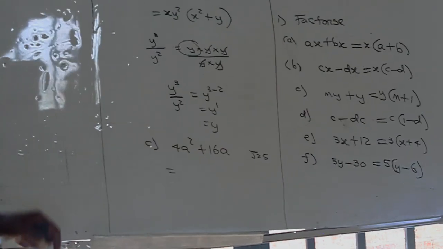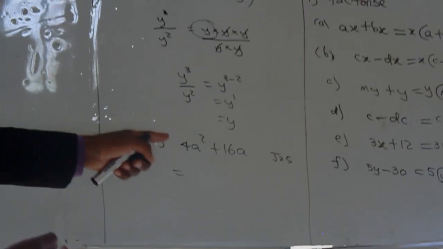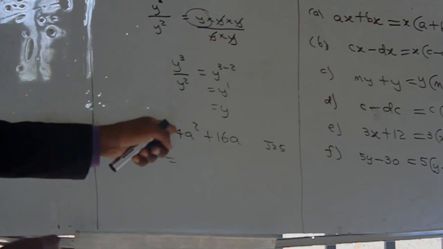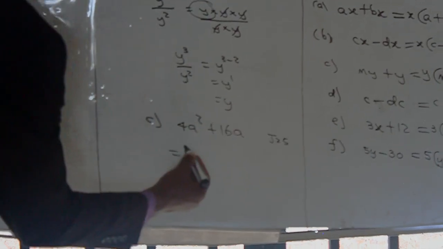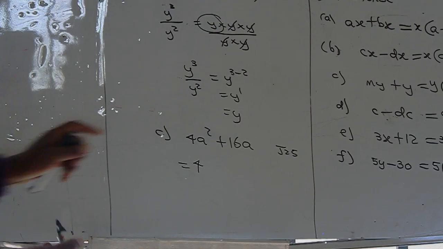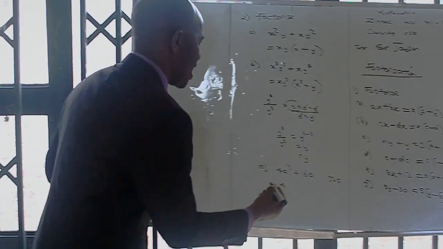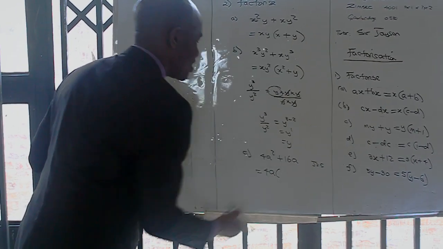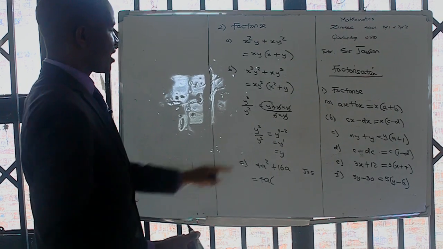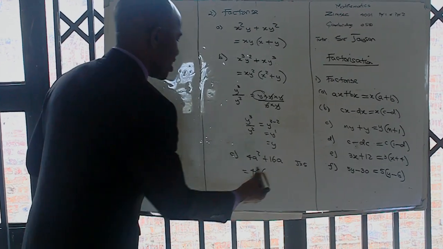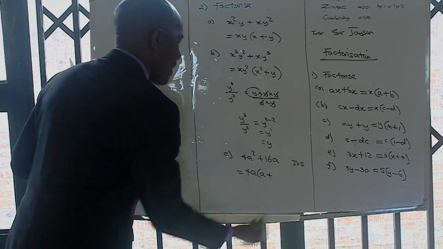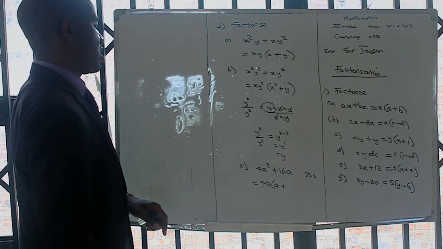We have 4 and 16. The highest factor of 4 and 16 is 4. 2 is a factor, but you need the highest one. 4 and 16, we factor out 4. Then a squared and a, we factor out the smaller power, which is a. 4 has been factored out. From a squared, we took a, so we remain with a plus. Right?